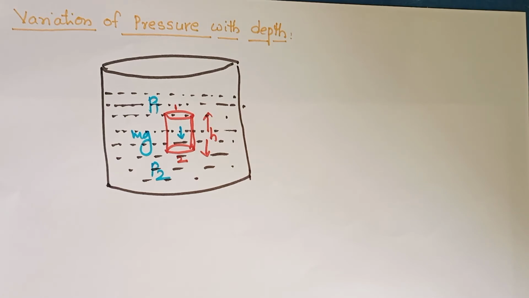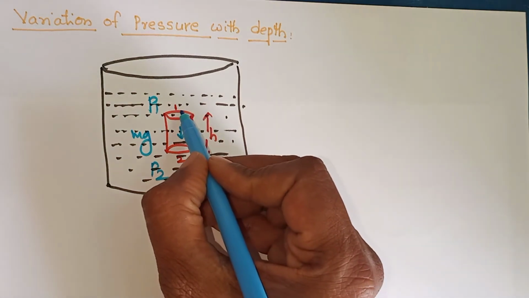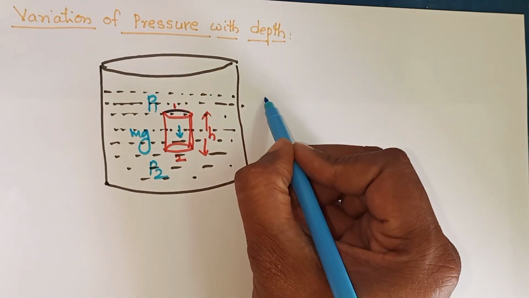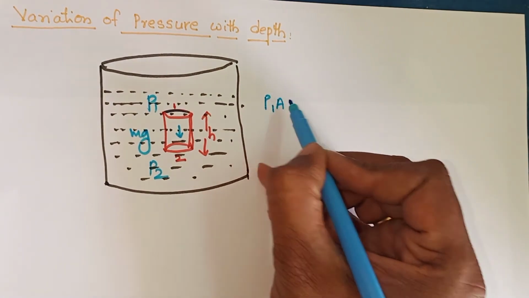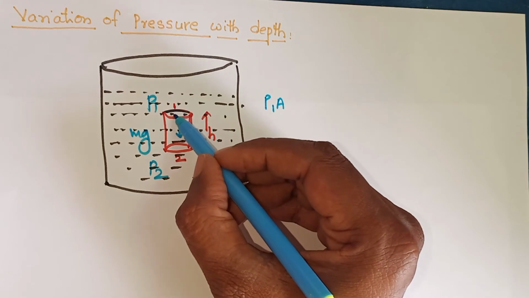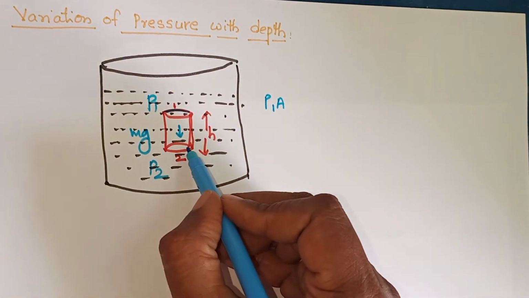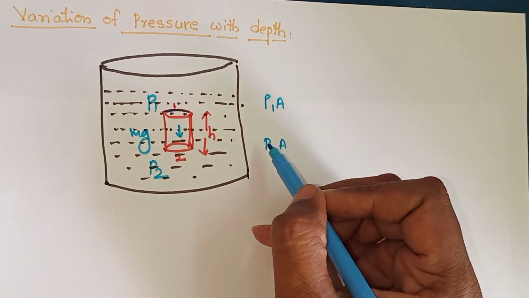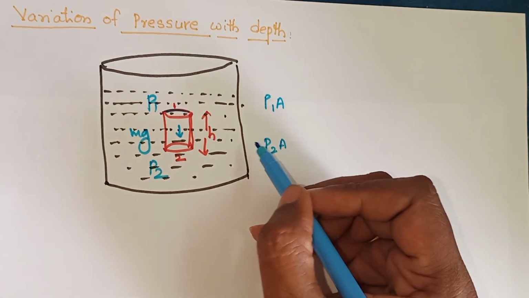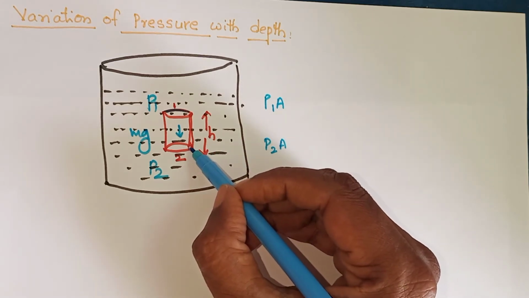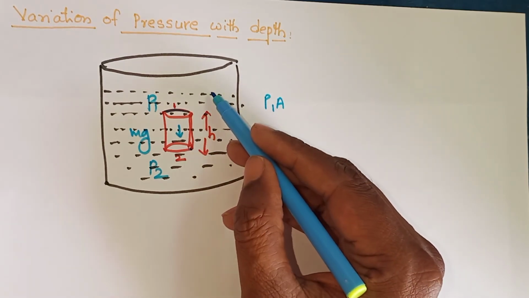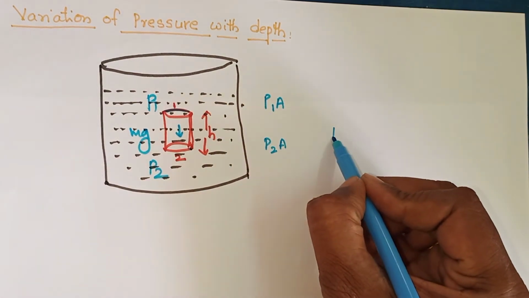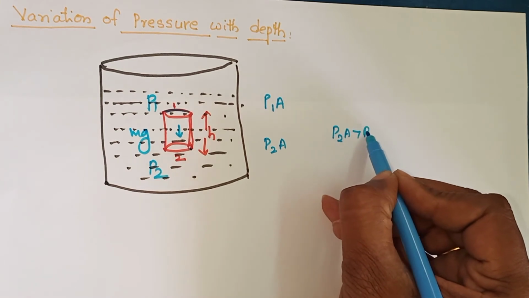The force acting in the vertical direction due to the pressure at the top face, with area A, is p1A, and at the bottom it is p2A. The pressure at the bottom becomes more because of the greater depth from the top. So p2A is greater than p1A.